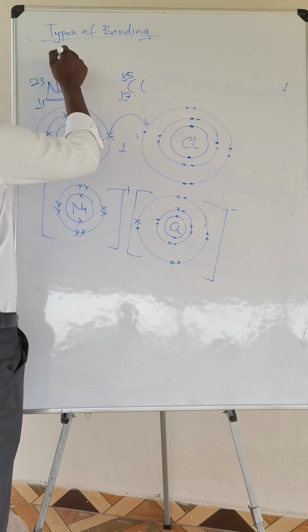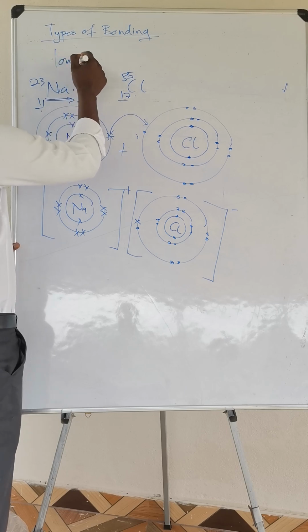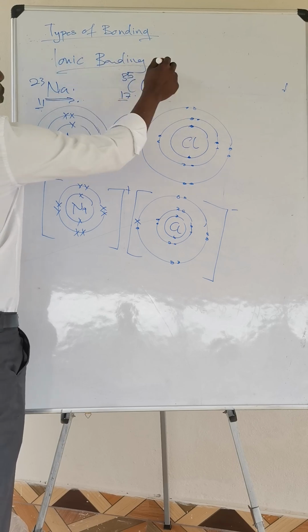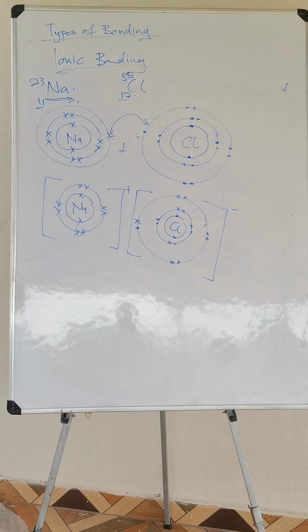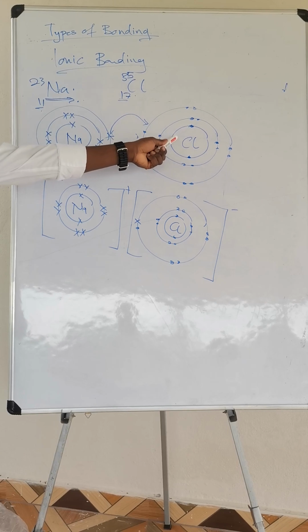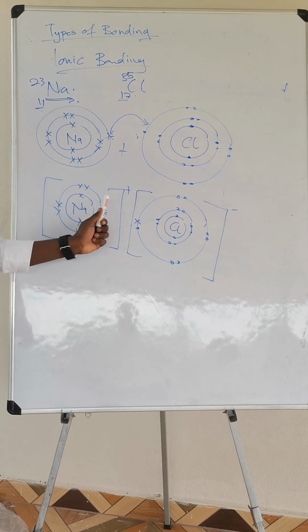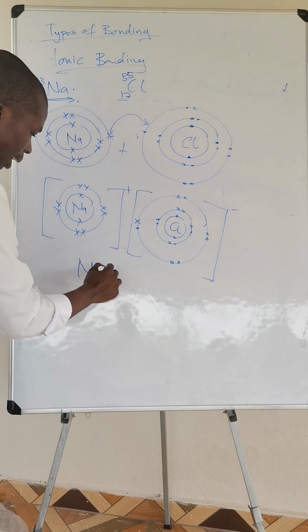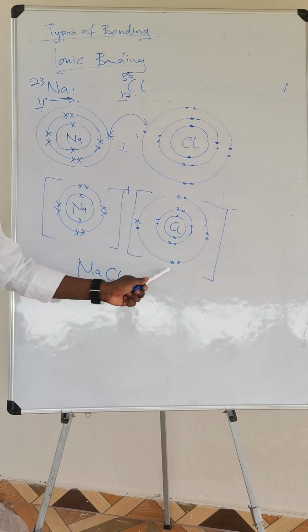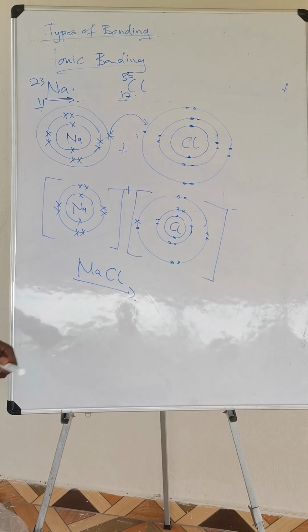This is ionic bonding, which involves the donation of an electron from a metal element to a non-metal. The chemical formula becomes sodium chloride, because we have 1 sodium atom and 1 chlorine atom.